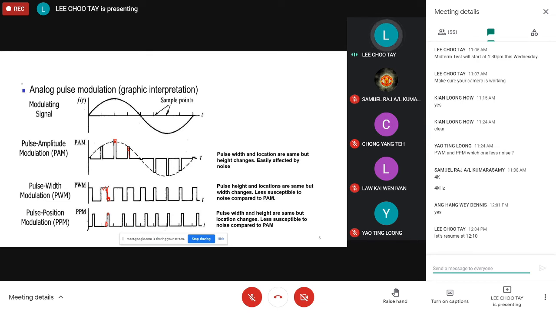For PPM, if your noise is here, you don't have a problem because you're only checking your delay time here. But if your noise appears here, then you have a problem because your delay time is measured from the sampling point to the instant where you have your pulse.